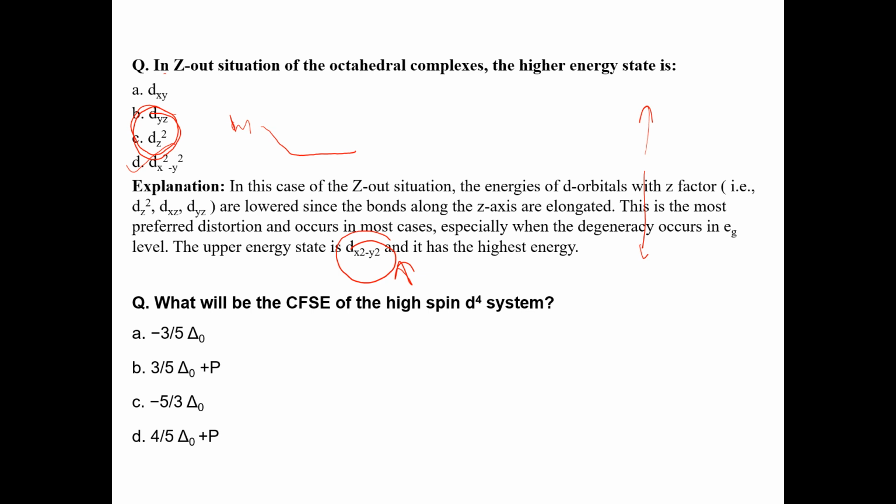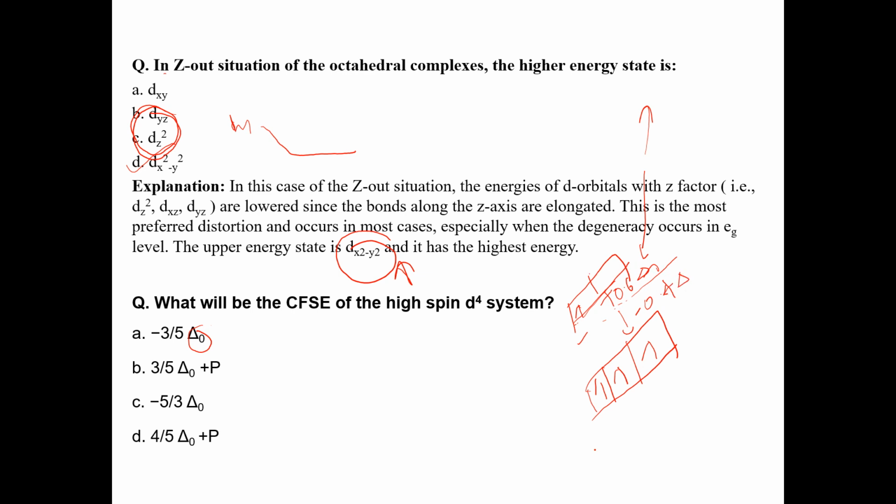What will be the crystal field stabilization energy of a high spin d4 system? So high spin means, and since O is given, that is an octahedral complex, you have to consider 1, 2, 3, and 4. It will be plus 0.6 from the barycenter, it is minus 0.4 delta naught.